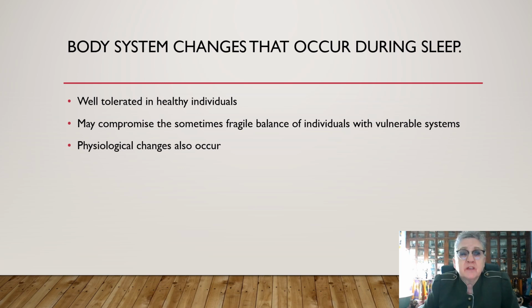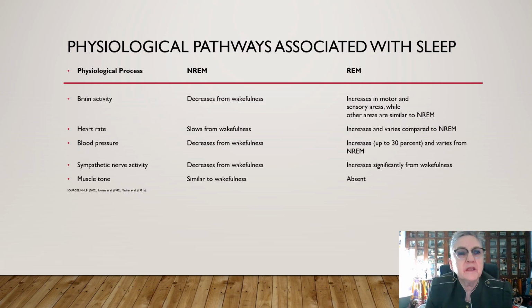Those things can affect how your body reacts or changes during sleep. If those things are present, then physiological changes can also occur. Okay, in the next couple of slides, we're going to take a look at the physiological pathways associated with sleep.